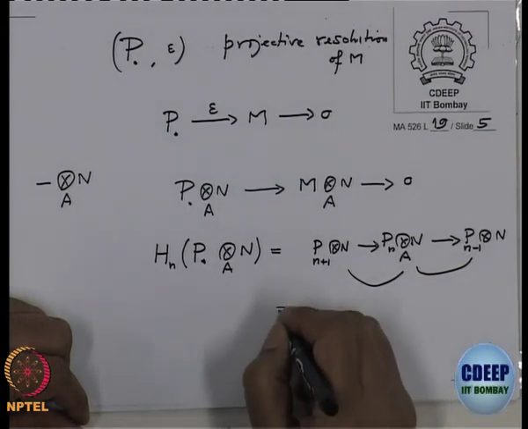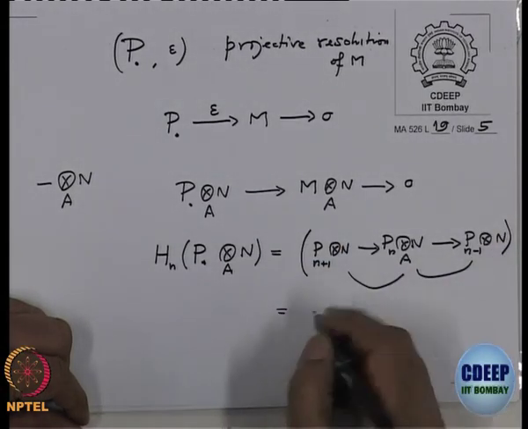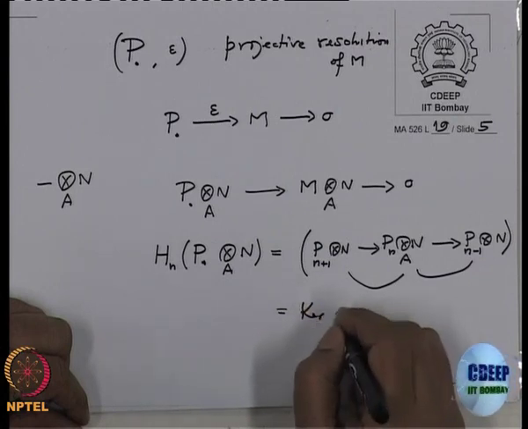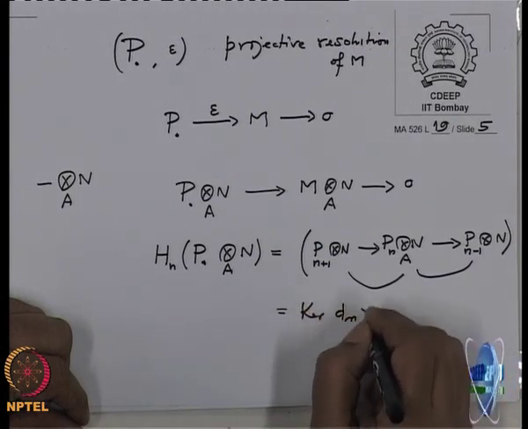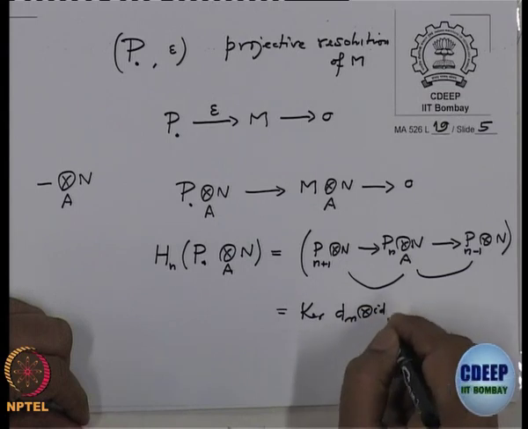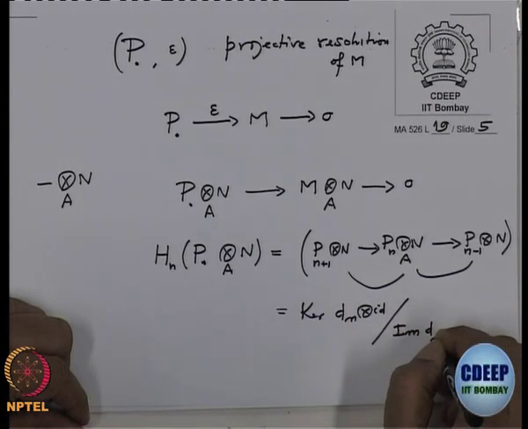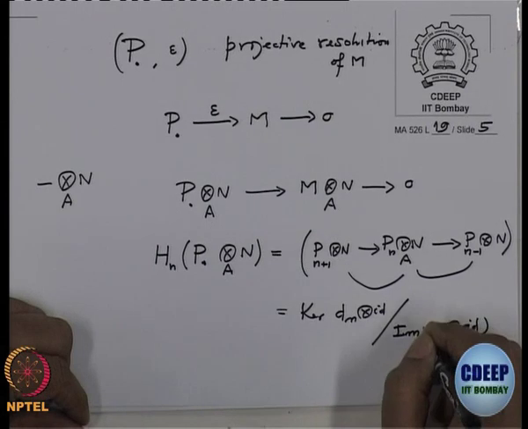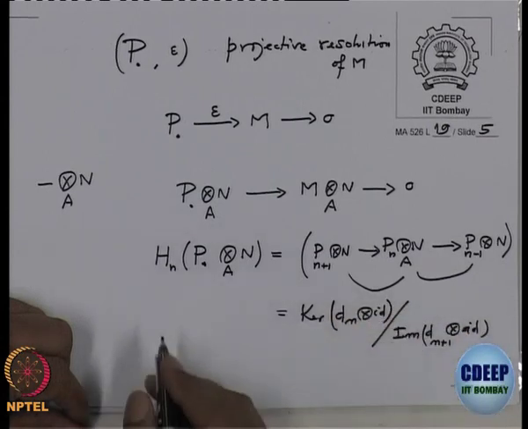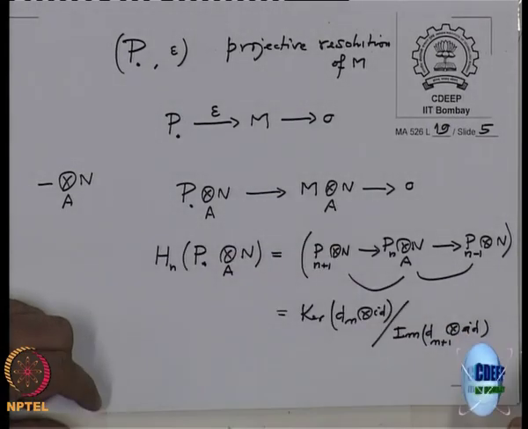So, this is kernel of Dn tensor identity mod image of Dn plus 1 tensor ID. This is nth homology of this resolution.